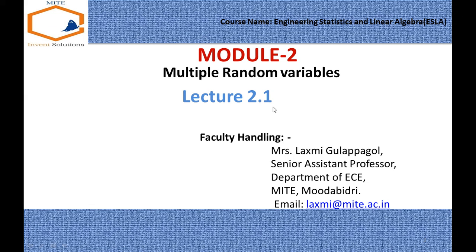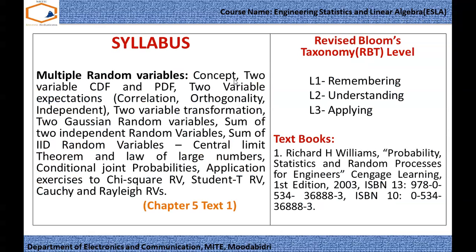Let us go through the contents of the syllabus. We'll begin with the concepts of multiple random variables, 2 random variable CDF and PDF, 2 variable expectations, correlation, orthogonality, independence, 2 random variable transformation, 2 Gaussian random variables, sum of 2 independent random variables, sum of IID (independent identically distributed) random variables, central limit theorem and law of large numbers, conditional joint probabilities, application exercise to the chi-square random variable.